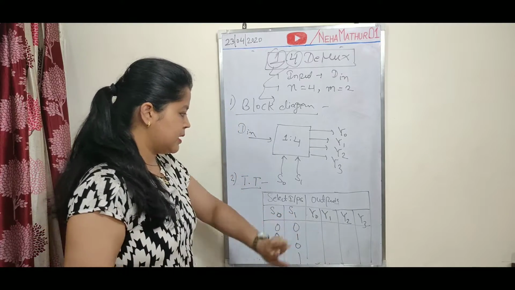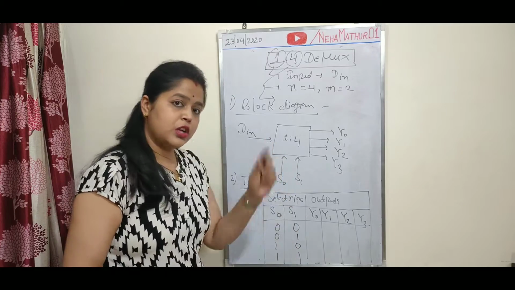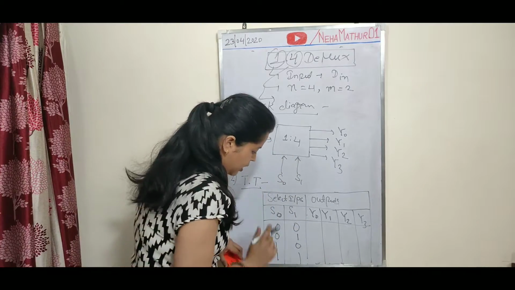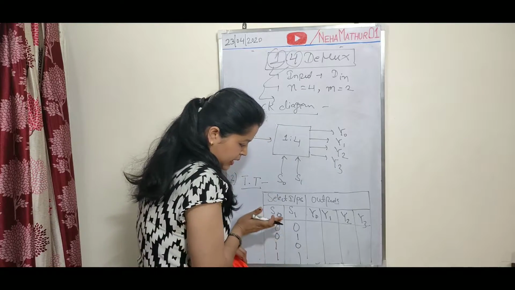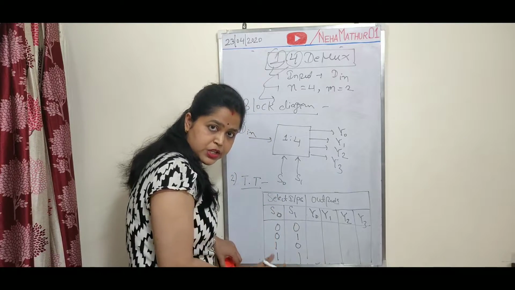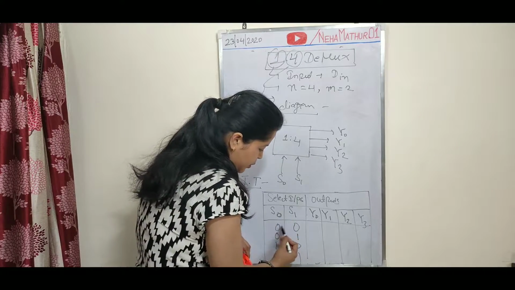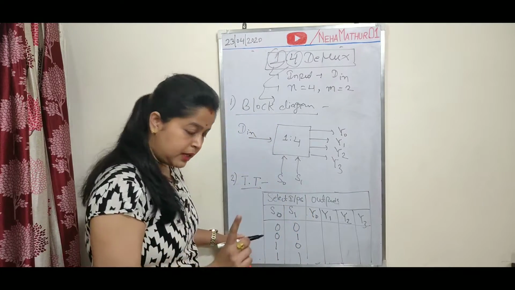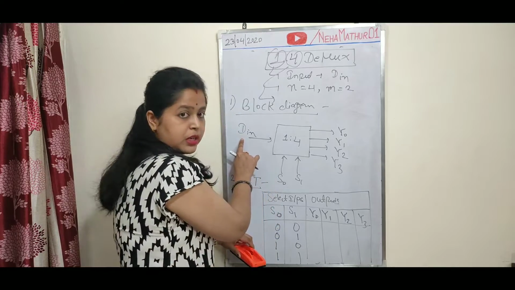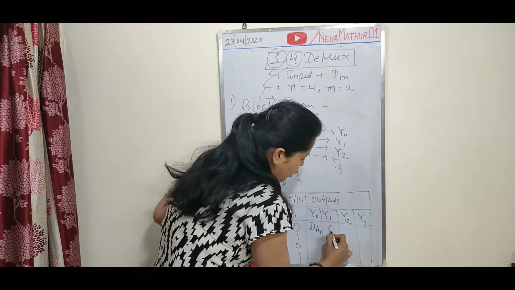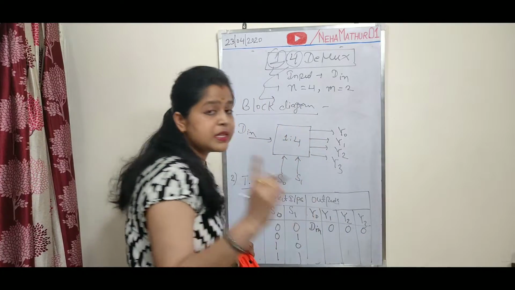This is the basic concept of the truth table. Now as per the concept of demultiplexer, when we are dealing with each combination of select inputs, when both the select inputs are equal to 0, then your input is distributed at Y0 and all the other output terminals will be 0.